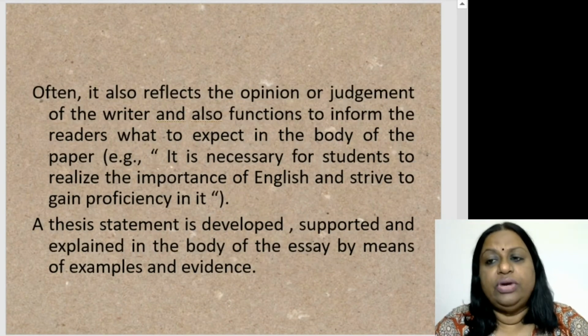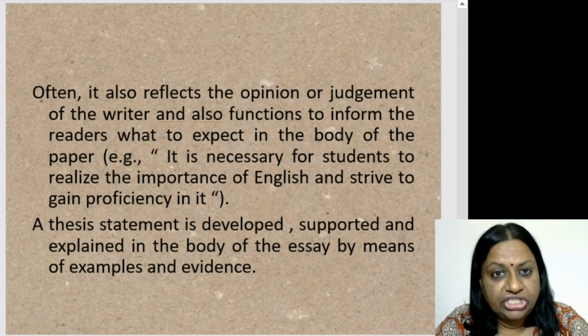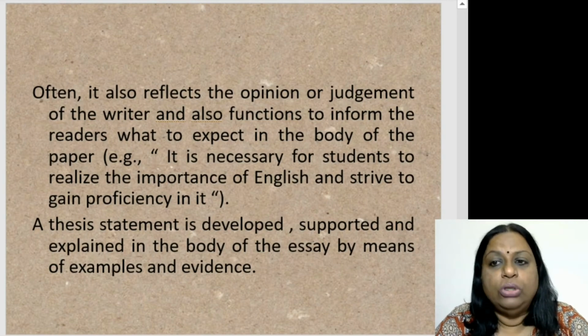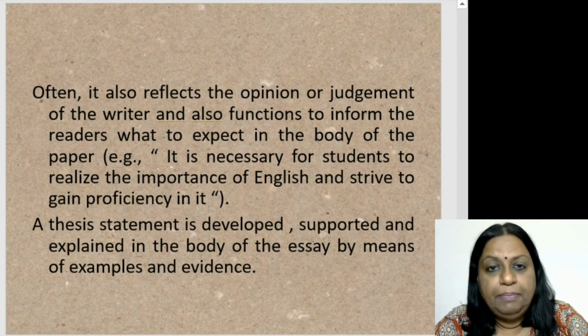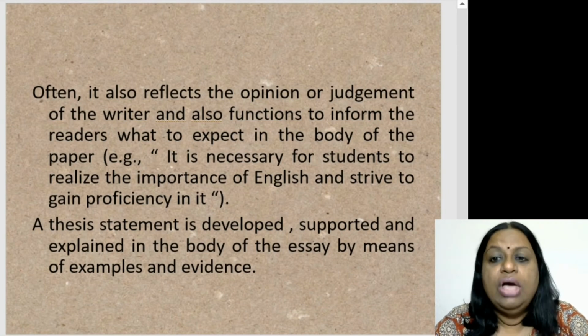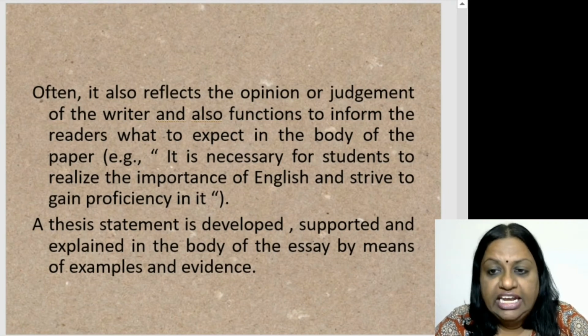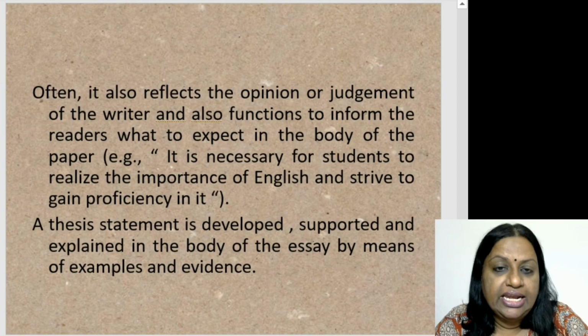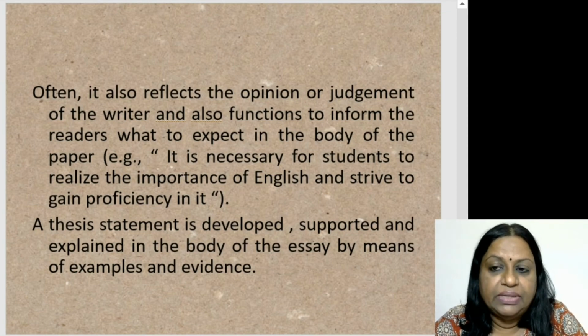Often it also reflects the opinion or the judgment of the writer, and also functions to inform the readers what to expect in the body of the essay. Example: it is necessary for students to realize the importance of English and gain proficiency in it. That was your thesis statement or topic sentence in the example that we saw.